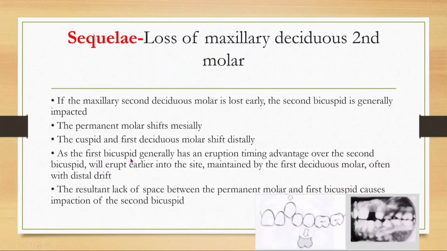As the first bicuspid generally has an eruption timing advantage over the second bicuspid, it will erupt earlier into the site maintained by the first deciduous molar, because that is its successor, and often with a distal drift. So the resultant lack of space between the permanent molar and first bicuspid causes impaction of the second bicuspid.